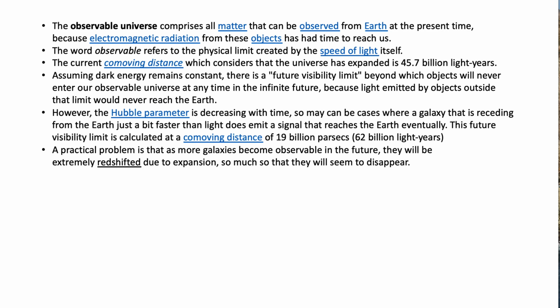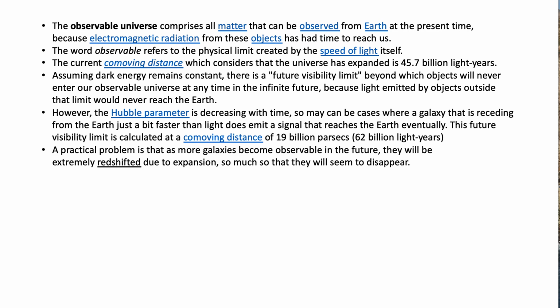Now, there are problems with observing the most distant objects. These are the ones that are going away from us right near the speed of light. And because they're doing that, the light they emit gets stretched. Any of the light they produce gets shifted toward the red colors.